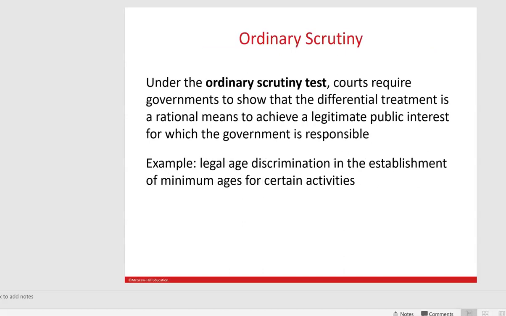Under ordinary scrutiny, or the rational basis test, discrimination is legal if it is a reasonable means by which the government can achieve a legitimate public interest. The idea of suspect classifications means that when courts view race, ethnic origin, and religion, the judges will further assume that the laws treating people differently are unconstitutional.